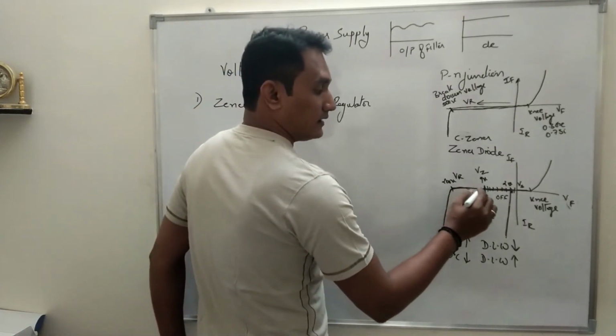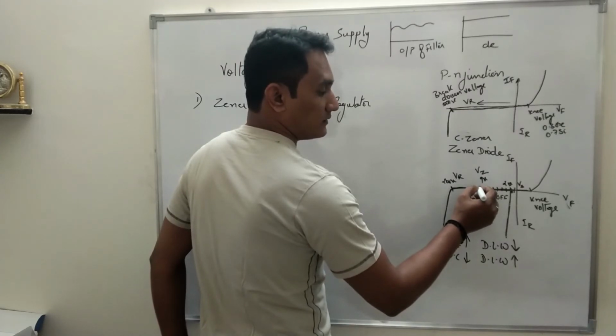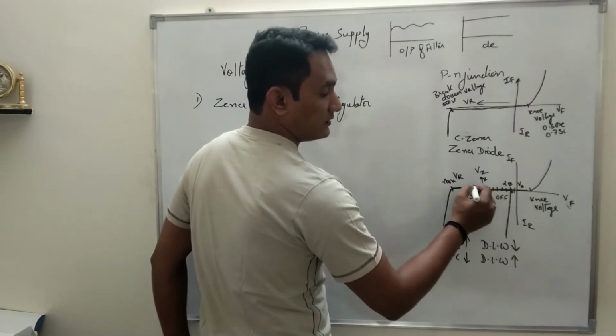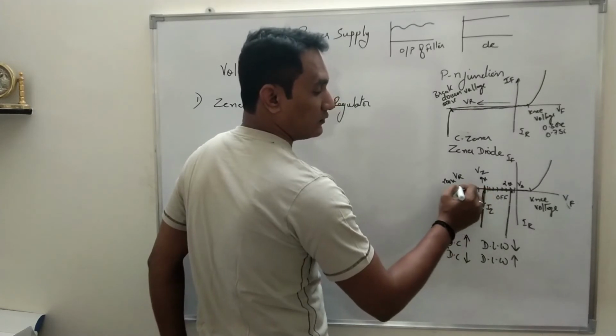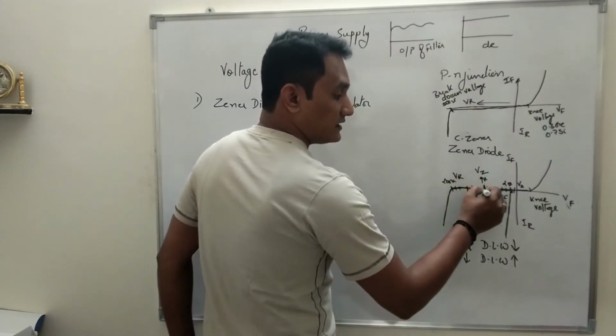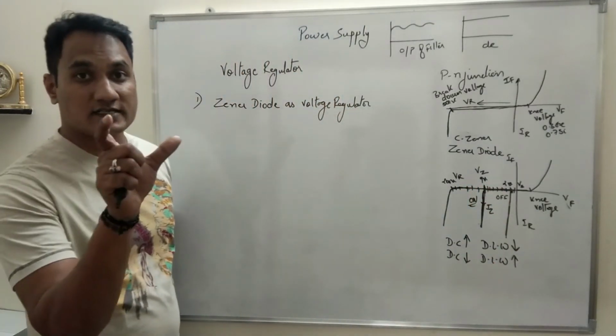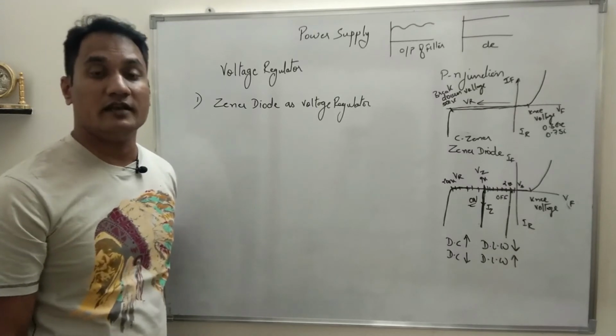Whatever potential we increase to, 10 volt, 11 volt, 12 volt, 13 volt or up to 200 volt, once the Zener has a breakdown, the voltage across the Zener diode will remain constant.